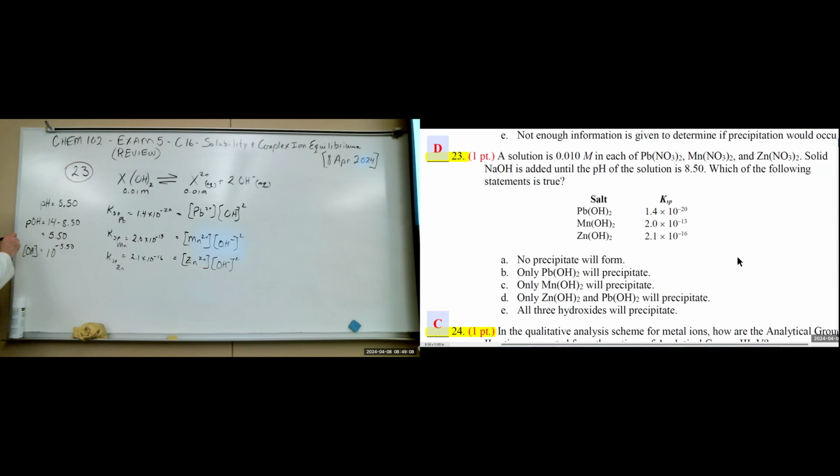Why is that? Because pOH is equal to the negative log of the OH concentration. So we move the negative over here, and then we say 10 to that power equals this value. That's what logs do. So if I take 10 to the minus 5.5 power, let's see, here it is.